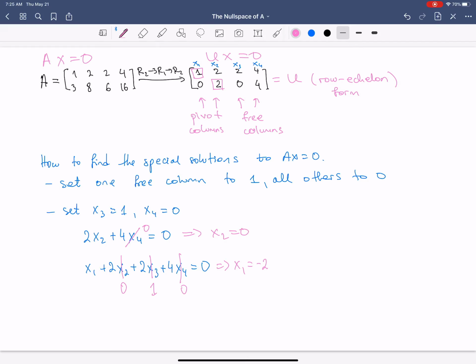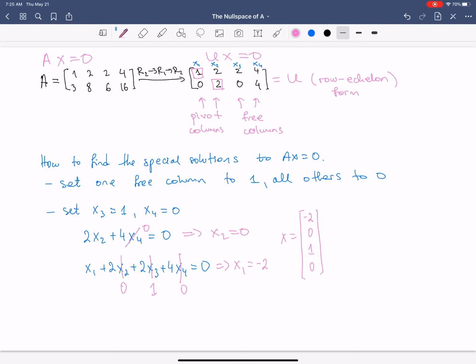So the first vector that we have is x equal to -2, so that's x1, 0 for x2, 1 for x3, and 0 for x4.